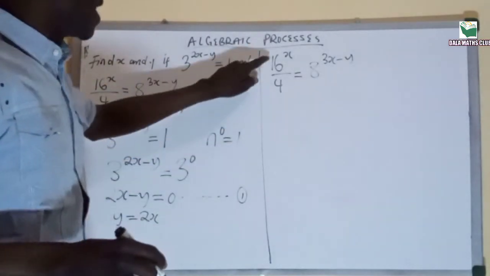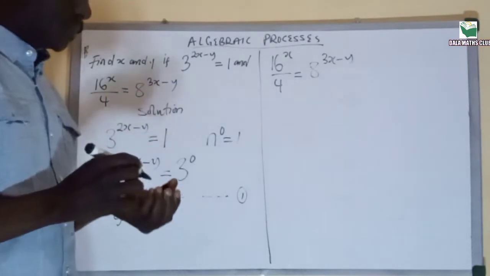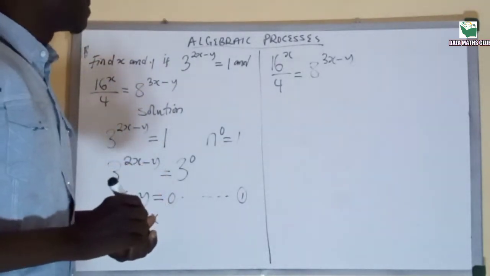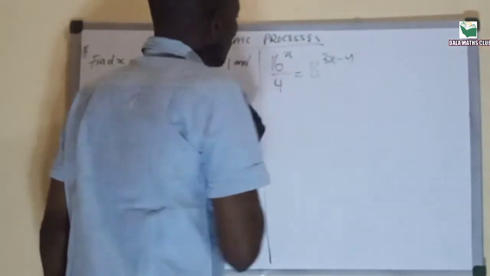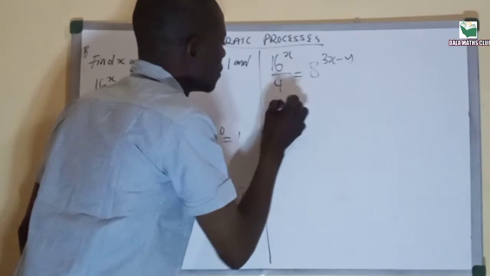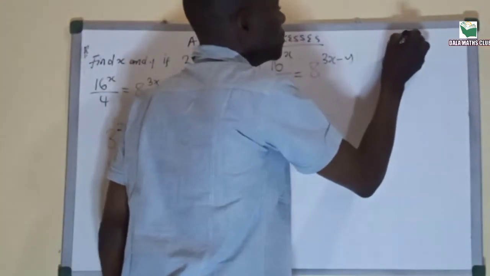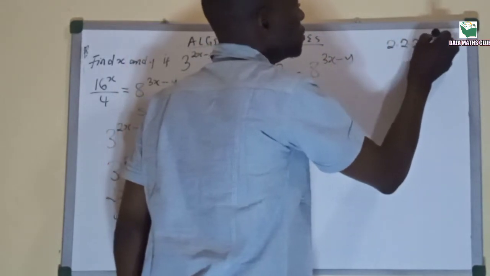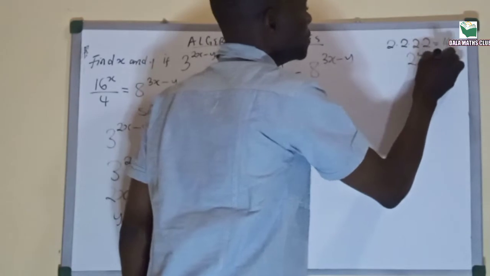To express this, we have to make both sides have the same base, which we can make 2. 2 power 4 is the same as 16, because 2 times 2 times 2 times 2 is equal to 16.